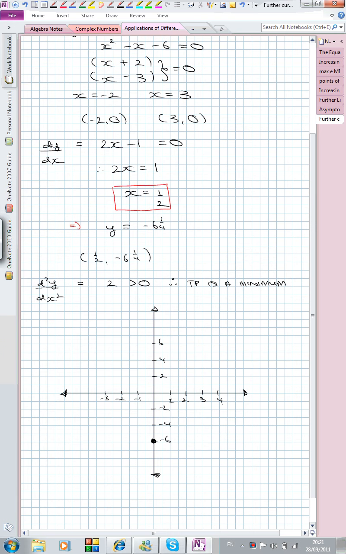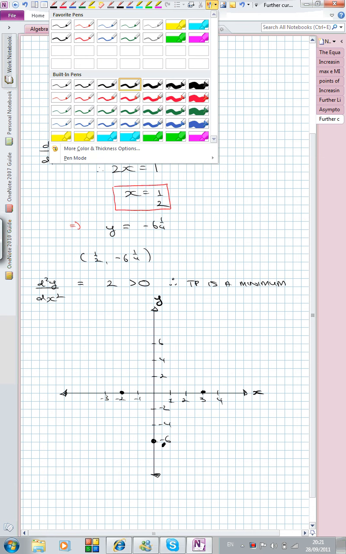Where does my curve cross the x-axis? At (minus 2, 0) and at (3, 0). And finally, let's put in our minimum turning point, which is (a half, minus 6 1/4). So it's going to be just about here somewhere.